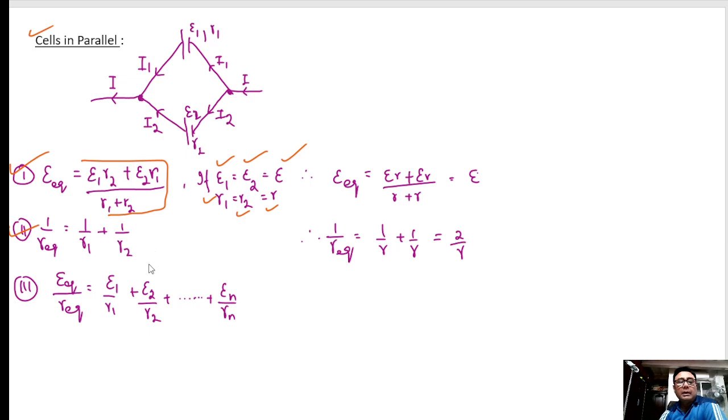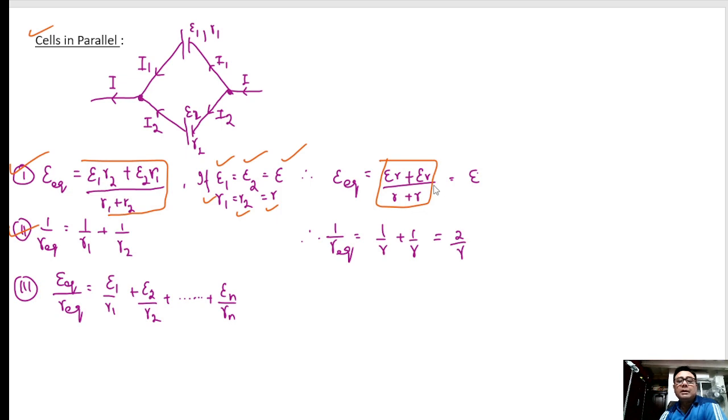If you take the value of E1 and E2 as E and R1 and R2 as R, E1 is E, R1 is R, E2 is E, R2 is R, so this will become 2ER by 2R.